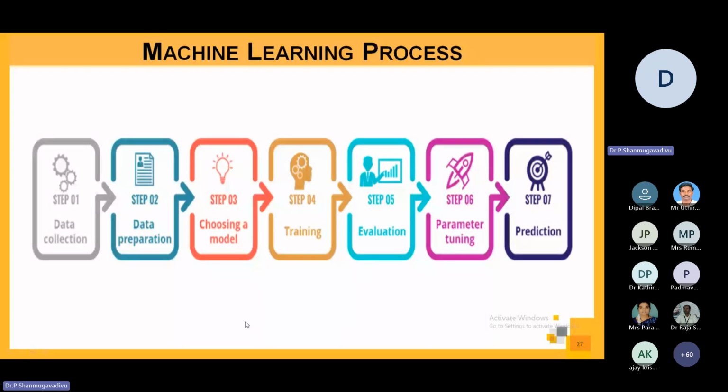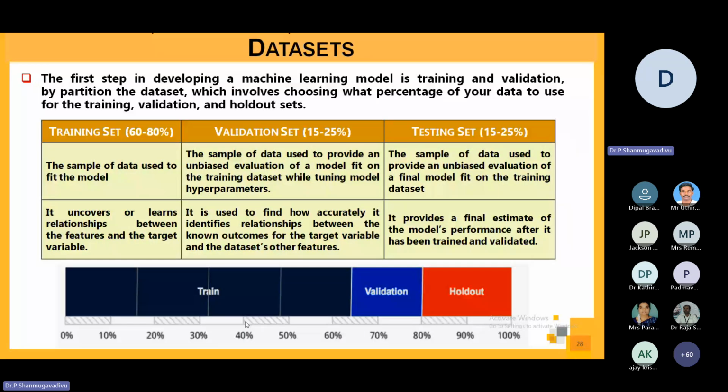So these are the steps of the machine learning process: step 1, data collection; step 2, data preparation; step 3, choosing a model; step 4, training; step 5, evaluation; step 6, parameter tuning; and step 7, prediction. So you have to follow only these steps. Now we have discussed the various models, right?